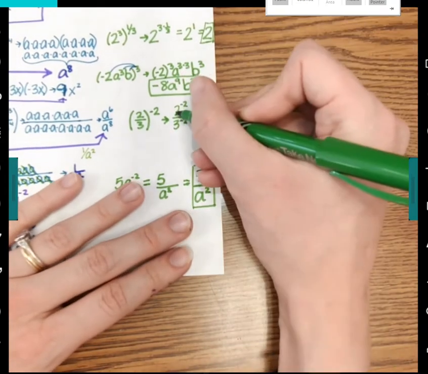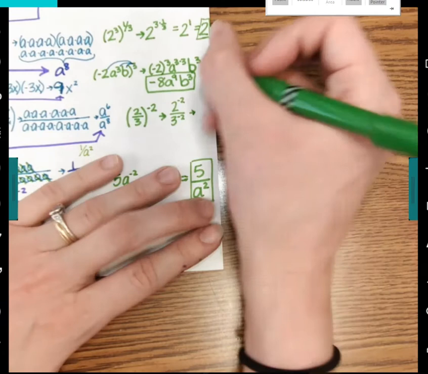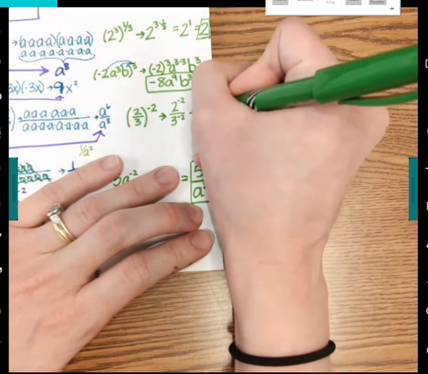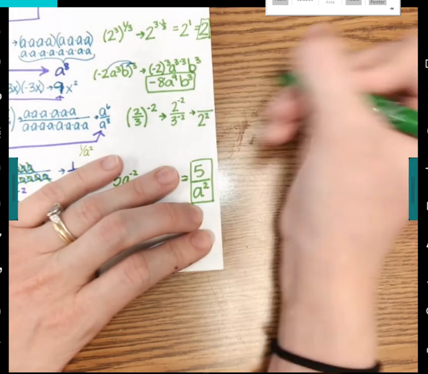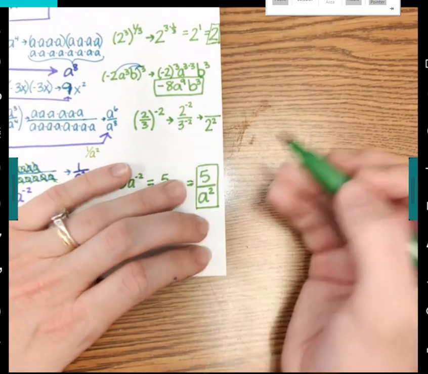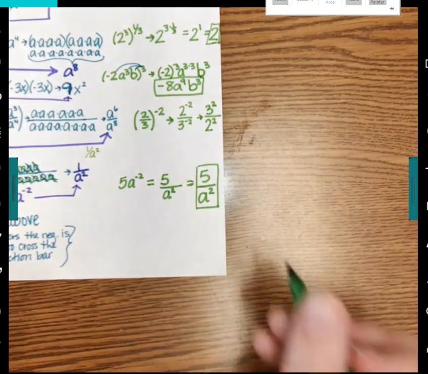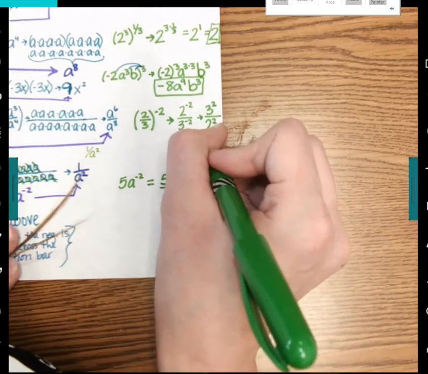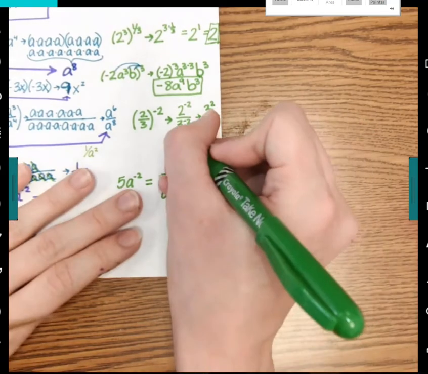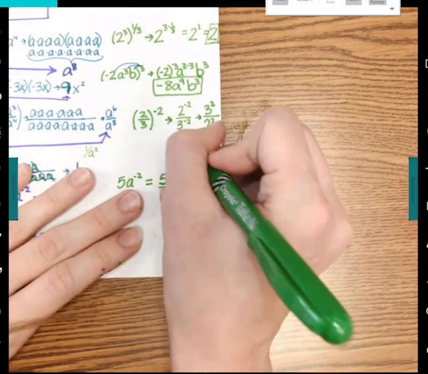So, the 2 squared has a negative, so it can travel to the other side. It uses its ticket to cross the fraction bar. 3 squared has a negative, so it gets to travel to the other side. Hopefully they weren't trying to meet each other. 3 squared is 9, 2 squared is 4.